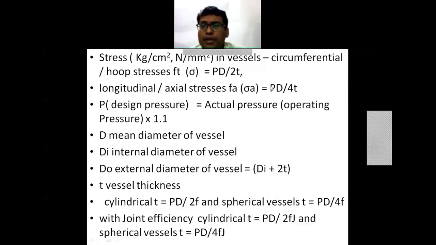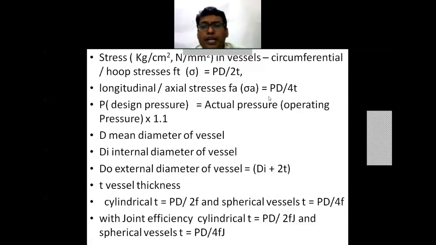Now what is the P, what is D, what is t? P is the design pressure. The term P corresponds to the design pressure, which is nothing but the actual or the operating pressure multiplied by 1.1 times. That will be equal to the design pressure.